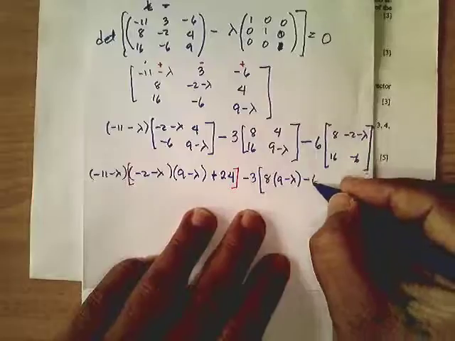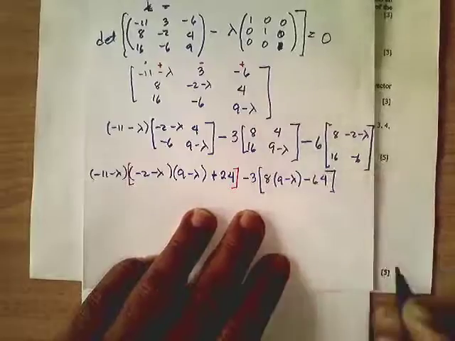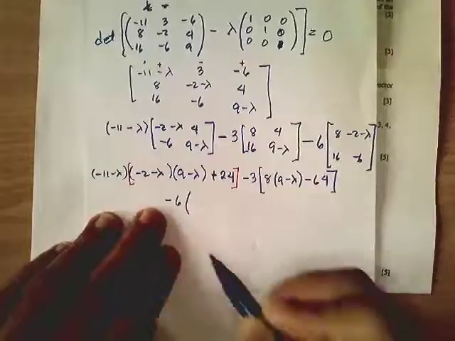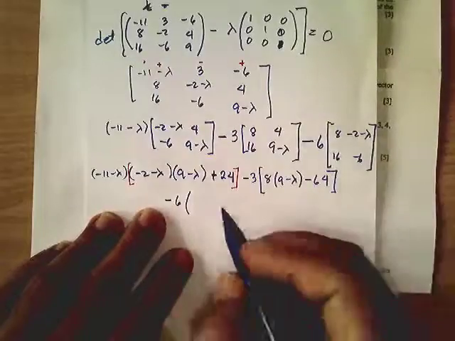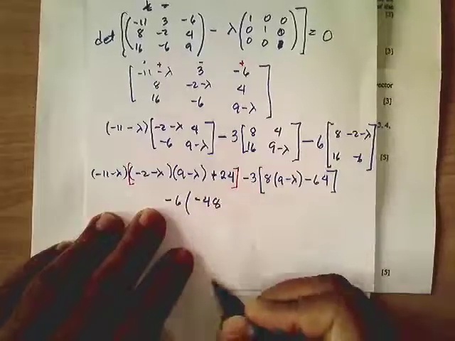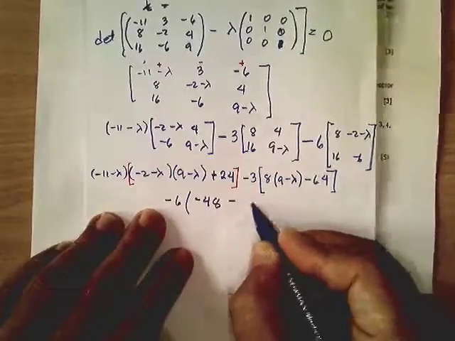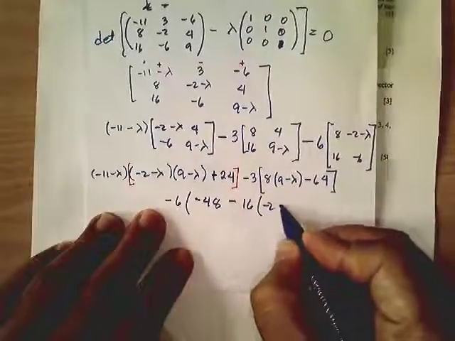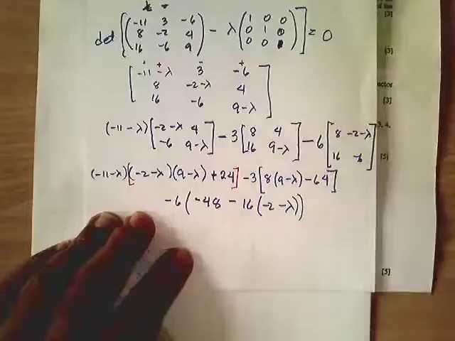16 times 4 is 64. Alright, then minus 6 times this one. 8 times negative 6 is negative 48. Then minus 16 times negative 2 minus lambda. So there we go.